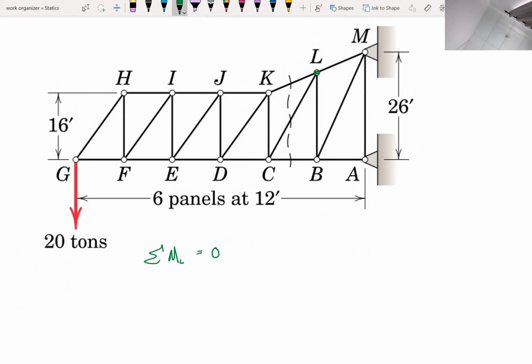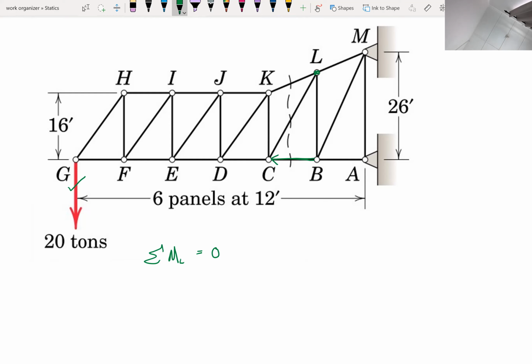First, of course, this one. And then we have this one. What is this? It is under compression, right?